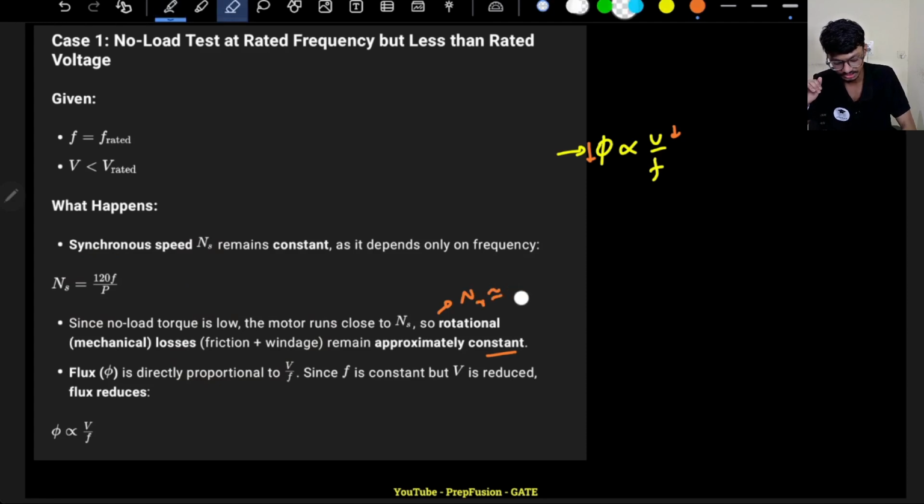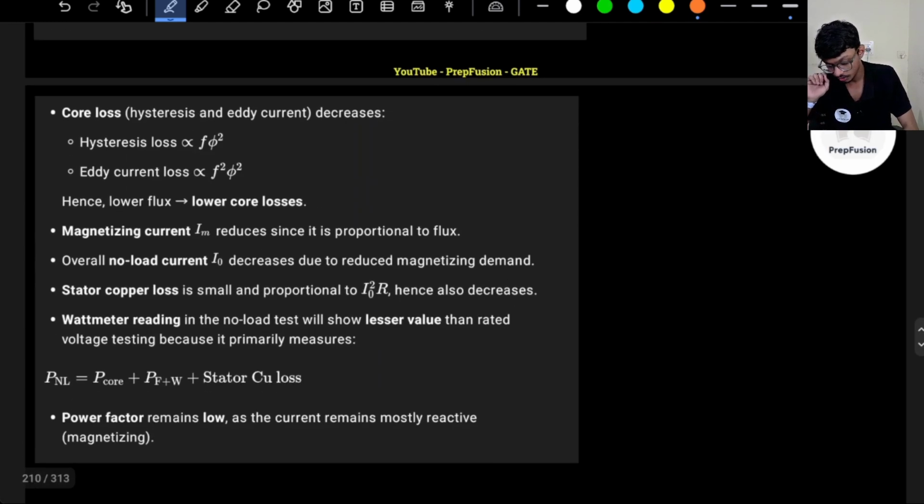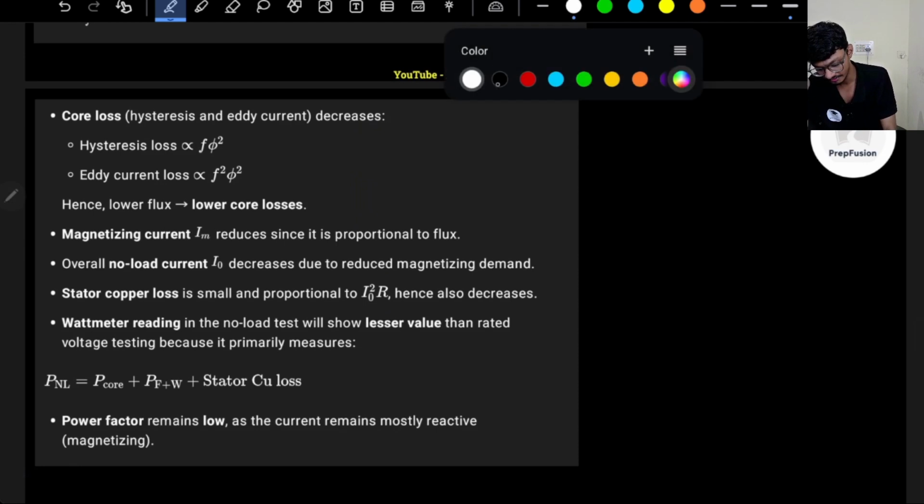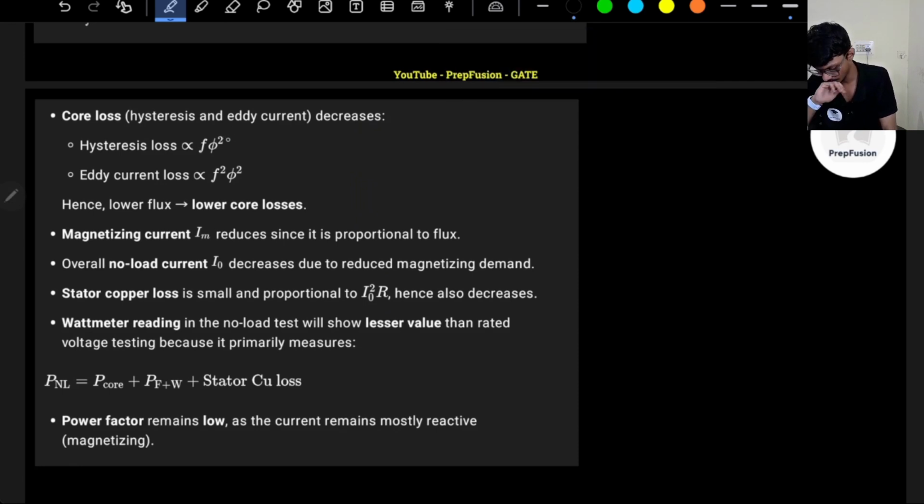That synchronous speed is not changing, so the no load losses also do not change, because they mainly depend on the speed, right? But flux here is reduced. So if flux is reduced, your hysteresis loss is proportional to Bm raised to power X, if you remember. So this will be X.